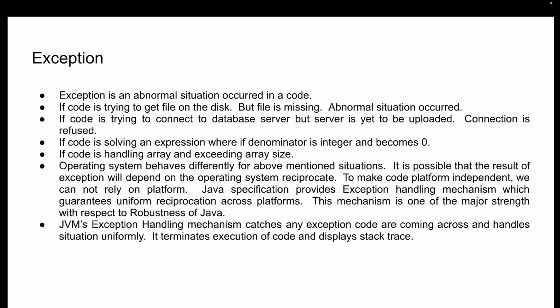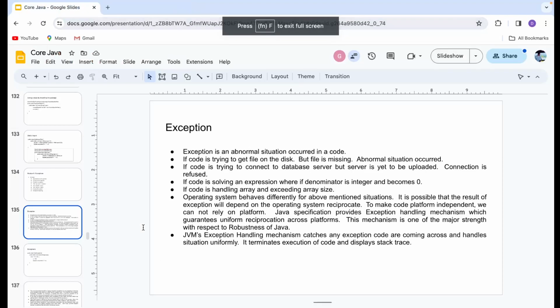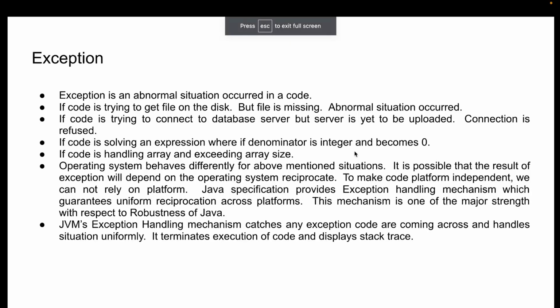That means your code is trying to get the file on the disk, but the file is not there, or the path is wrong. In that case you will get some issues, and that is an abnormal situation. Some issues you will get at runtime. That is an example of exception handling.